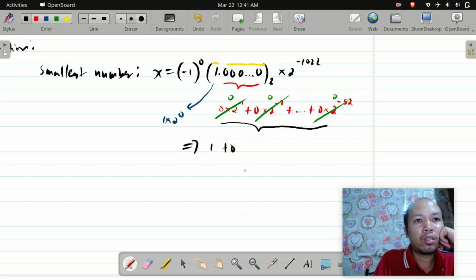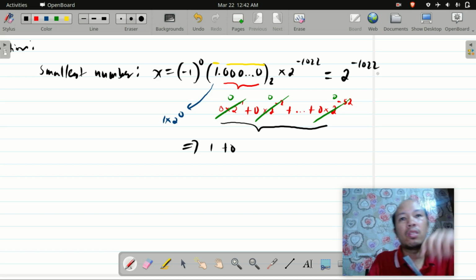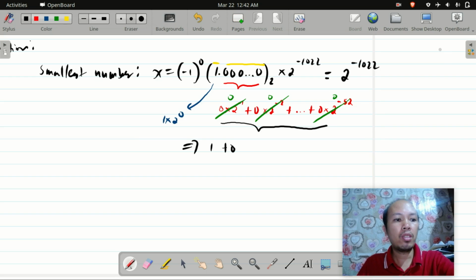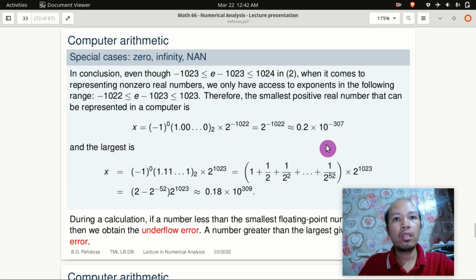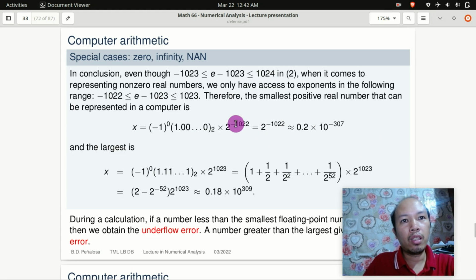So what remains here is 2 to the negative 1022. That's the reason why this expression here is equivalent to 2 to the negative 1022.